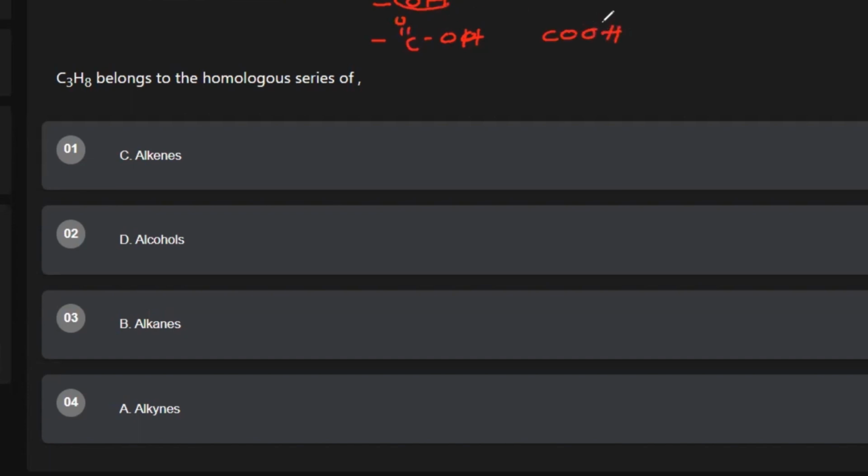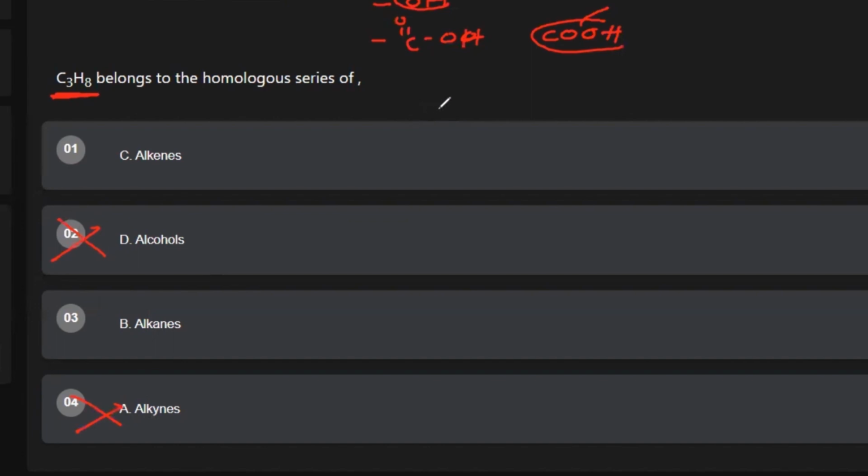If you see either of these, right away you can say this is an alcohol and this is a carboxylic acid. But the molecular formula here doesn't have oxygen at all. So it can't be an alcohol or a carboxylic acid. Then the other 2 options that remain are alkenes and alkanes. We have not learned about alkynes, so you can cross that off as well.